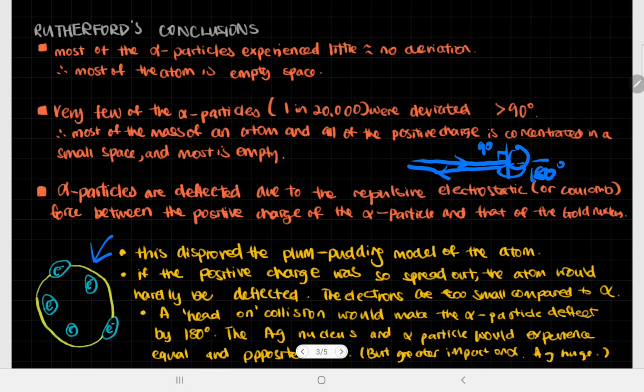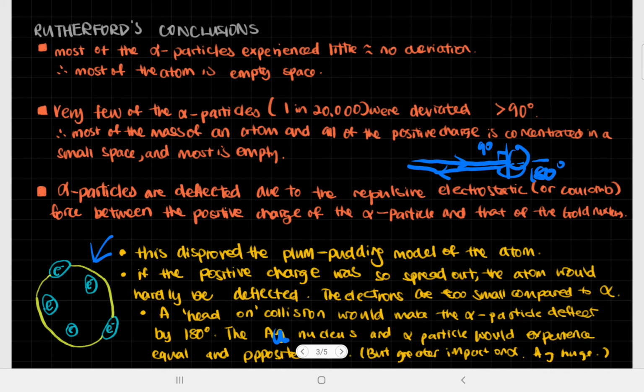The gold nucleus, and that's Au actually, and alpha particles will experience equal and opposite forces, but there will be a much greater impact on the alpha particle, because the alpha particle is so much smaller than the gold nucleus. The gold nucleus has a nucleon number of 197, so altogether it has 197 protons and neutrons.